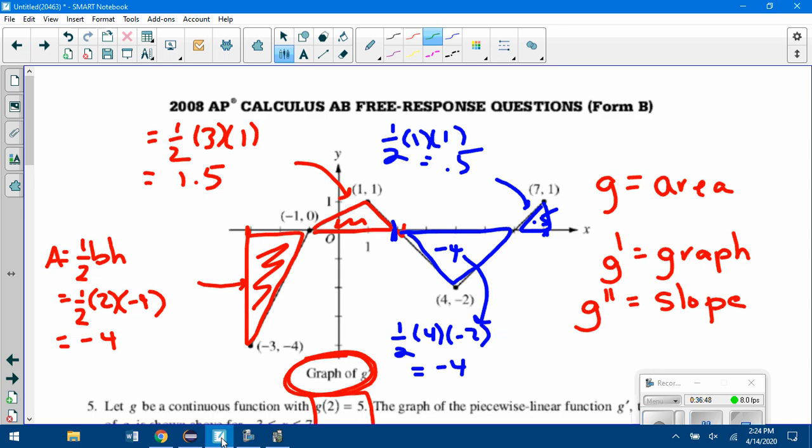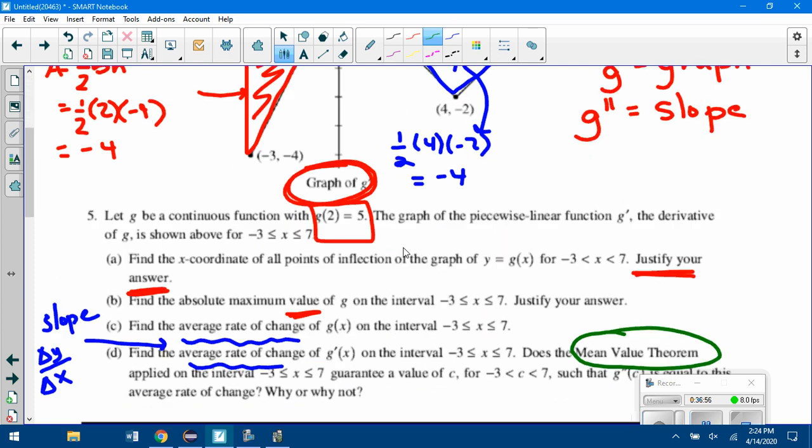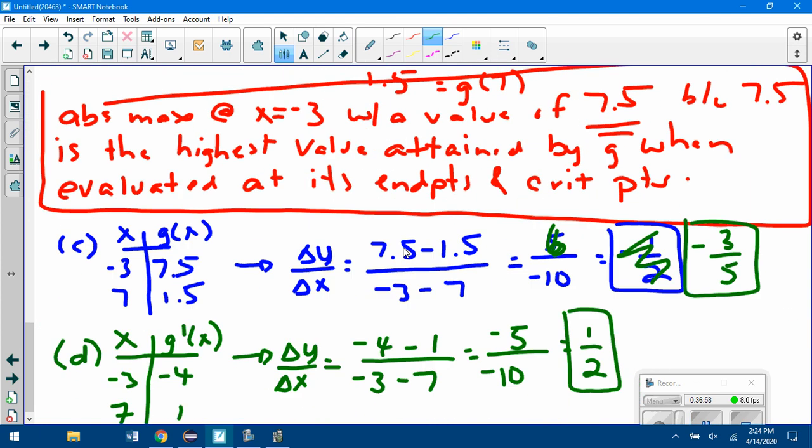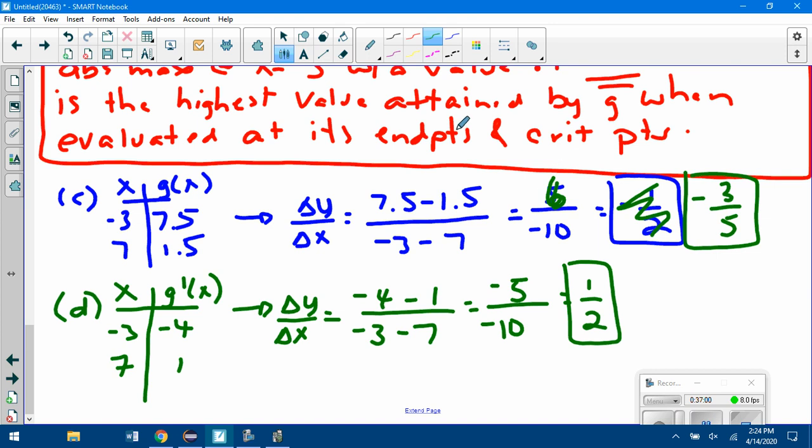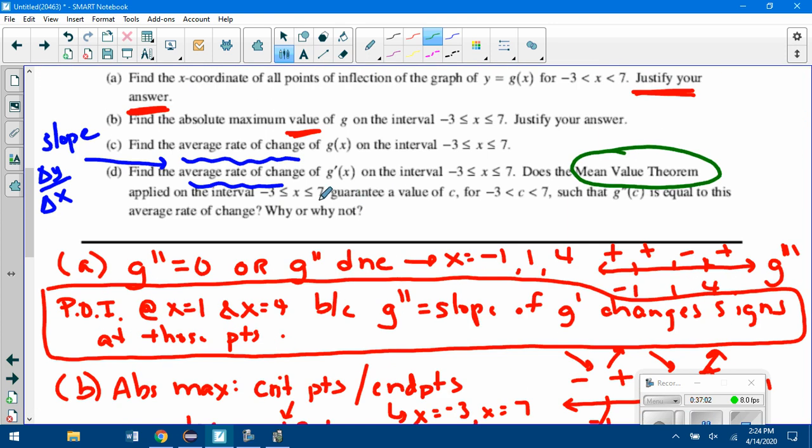Okay, well, let's look again. Is g prime differentiable at every point? No, because there's corners. So right away, the mean value theorem breaks down. So the question said, does the mean value theorem guarantee that value of c where the derivative equals the average rate of change?